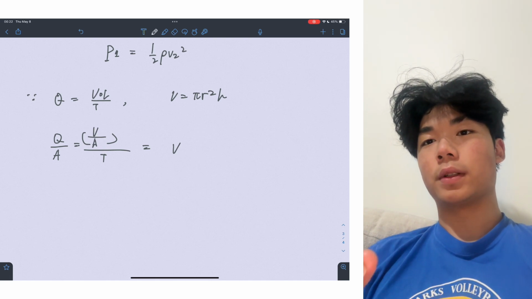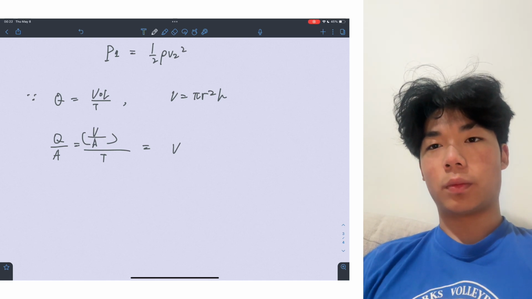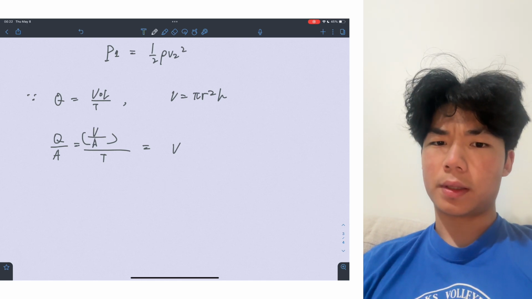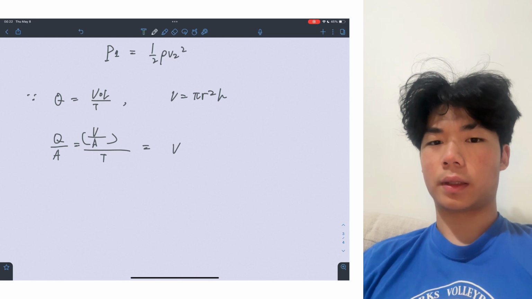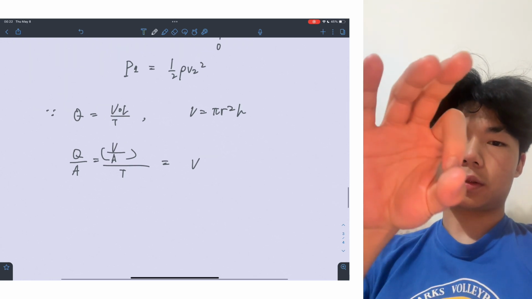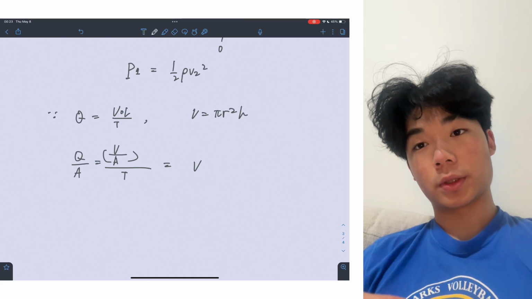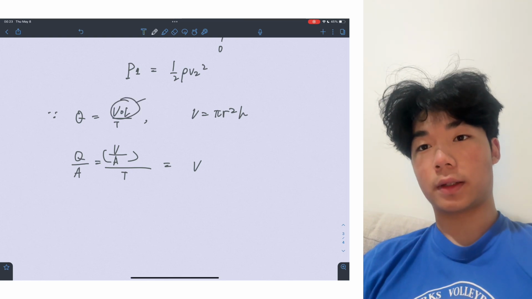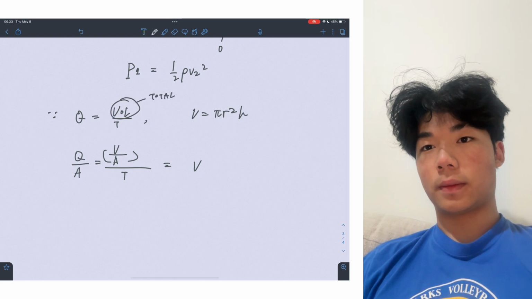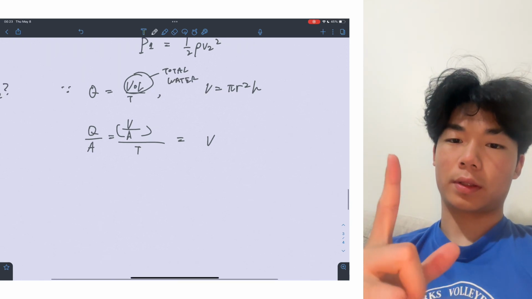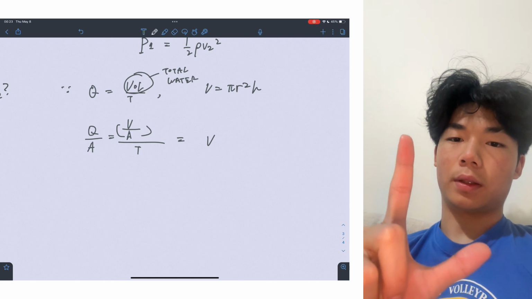However, what area? Should I divide by the cross-section area of the water gun, or think about something else? I needed to think of something else, because the volume of water comes out of the little hole on top of the water gun, the nozzle.